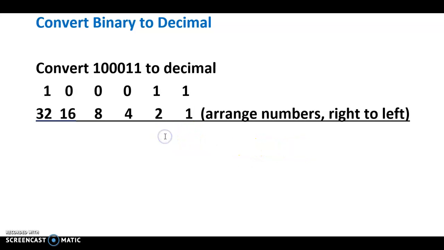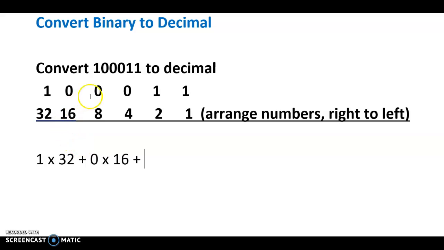So the next thing is I have to multiply each of these positions, the first row by the second row. You have the first row starting from the left, 1 times the first number in the second row, which is 32, plus the second slot, where in the first row it is 0 and the corresponding number in the second row is 16.